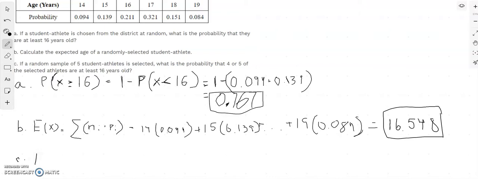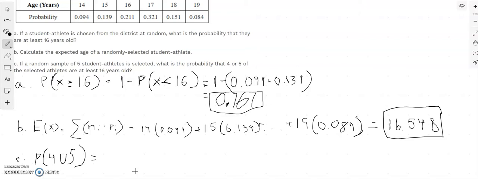We need to find the probability that it's either 4 or 5. We need to see how this distribution is occurring.